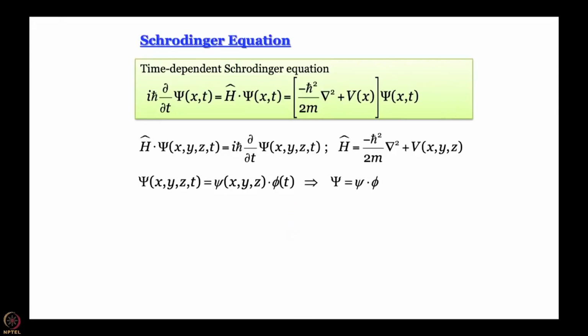The use of small psi and small phi is quite popular. So, very often we do not even write these coordinates in brackets, we just write capital psi equal to small psi multiplied by phi. The thing to remember here is that capital psi is dependent on spatial coordinates as well as time, small psi depends only on spatial coordinates, phi depends only on time. Why can we write it like this? Because x, y, z is spatial coordinate, t is temporal coordinate, and we can consider them separately.